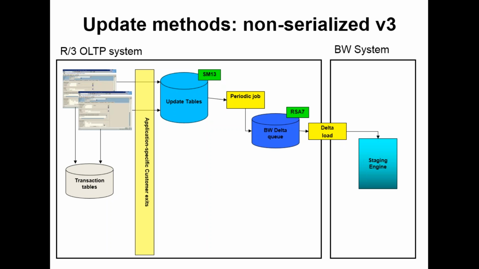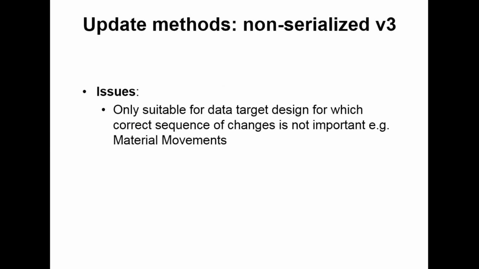Similar only, but in the background the logic has changed. So it is only suitable for data target design for which the correct sequence of changes is not important, that is material movements. As I told, if serialization is not required, then it can be used.